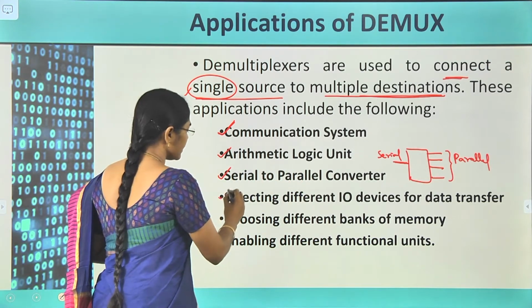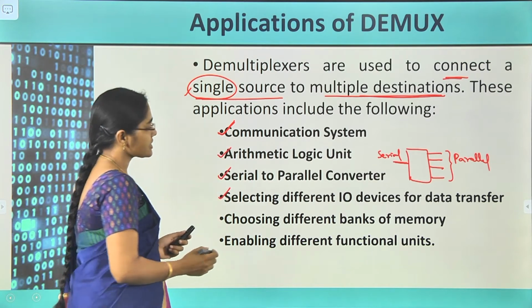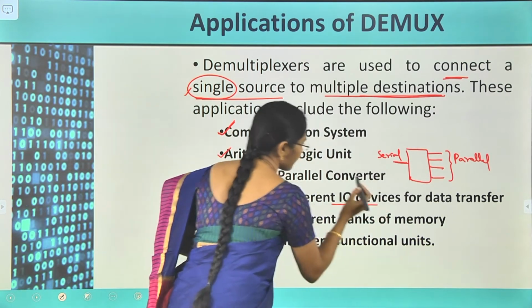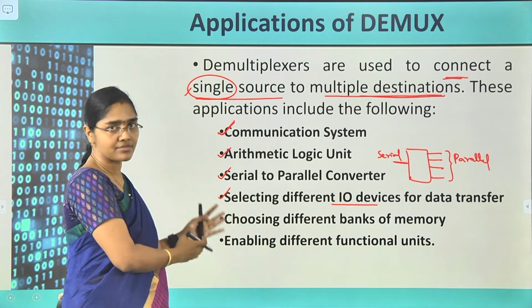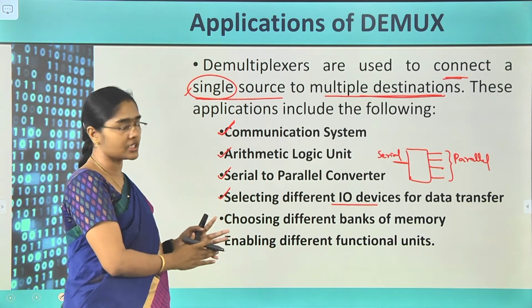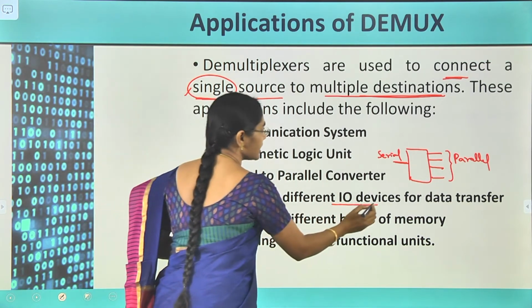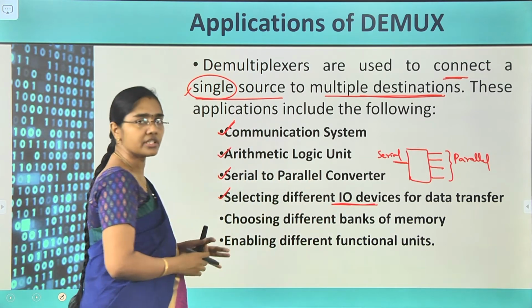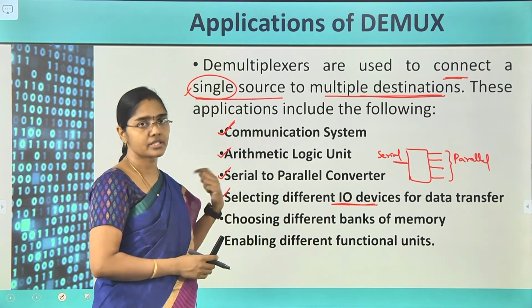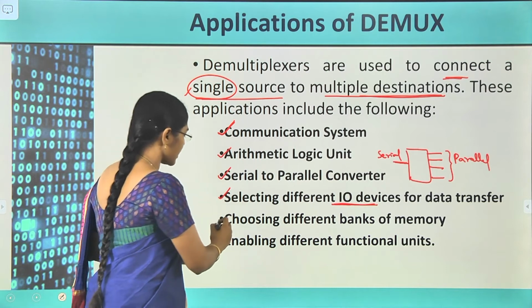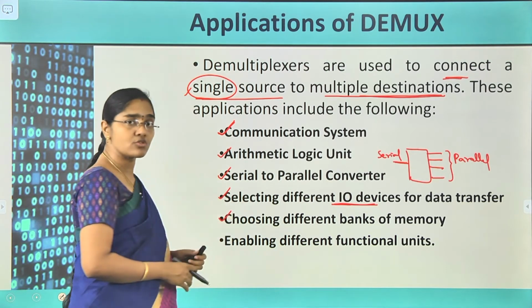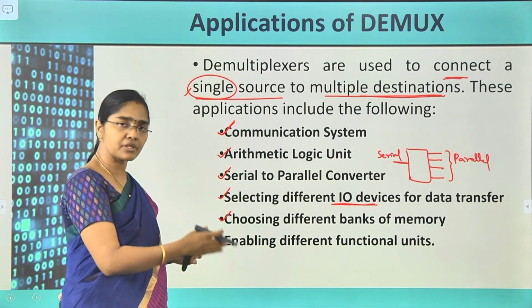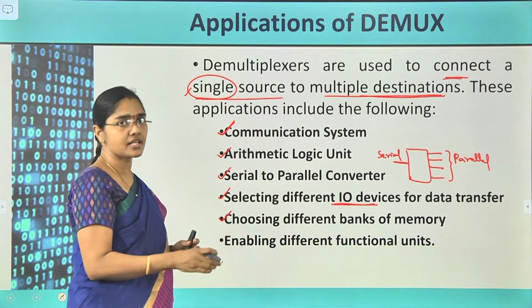Then it is used for selecting different IO devices, which we have seen just now as a typical application. To select different IO devices for the data transfer, this demultiplexer is used. Similarly, choosing the different banks of the memory. In the previous example, devices were connected.